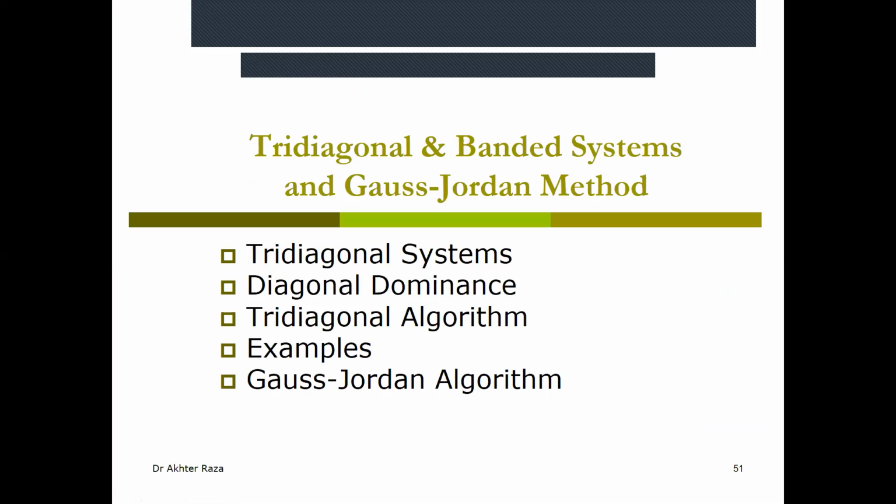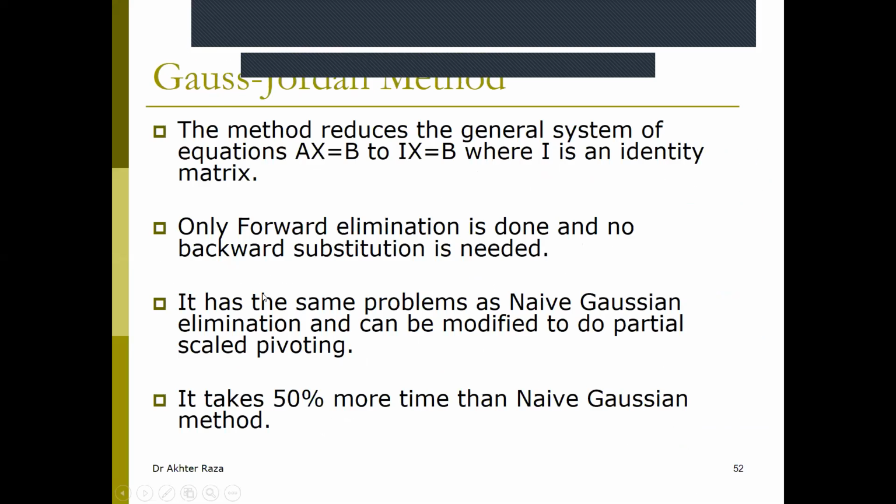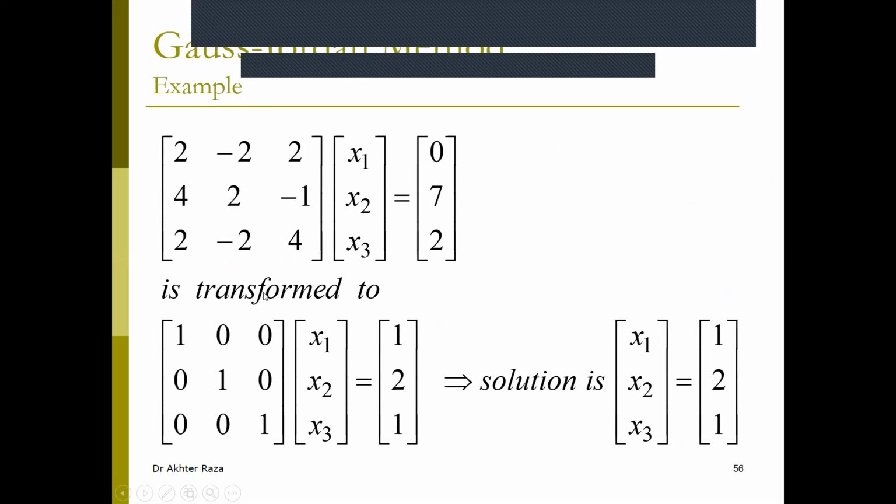In the Gauss-Jordan method, one additional step is there, and what is that additional step? Instead of making the lower triangular, we are making the overall identity matrix. So we were making 1, 1, 1, and these were non-zero elements. But in the Gauss-Jordan method, we have to make it completely unity, identity.